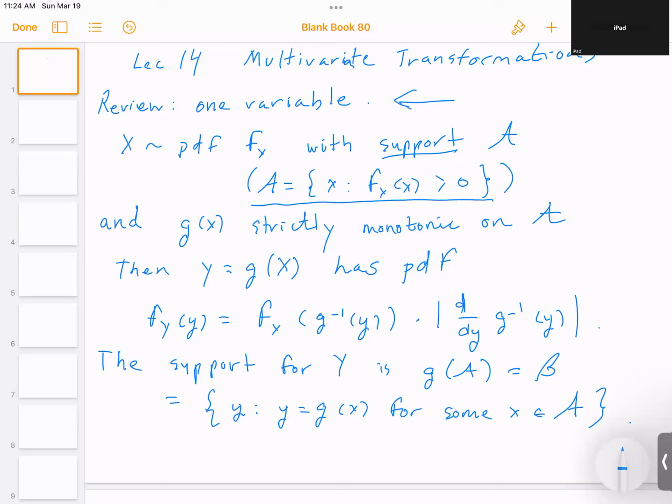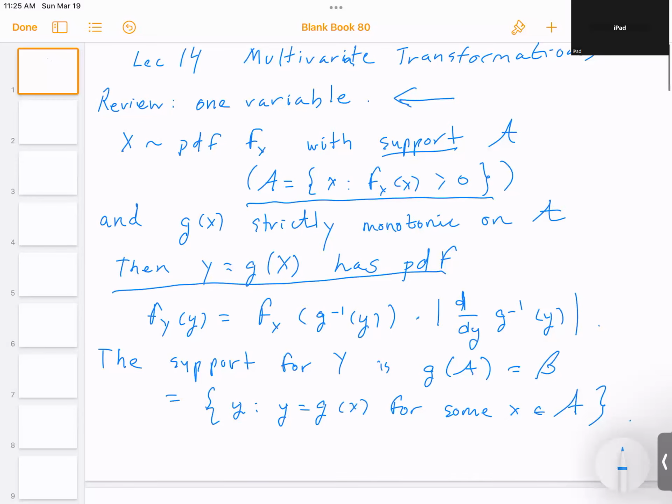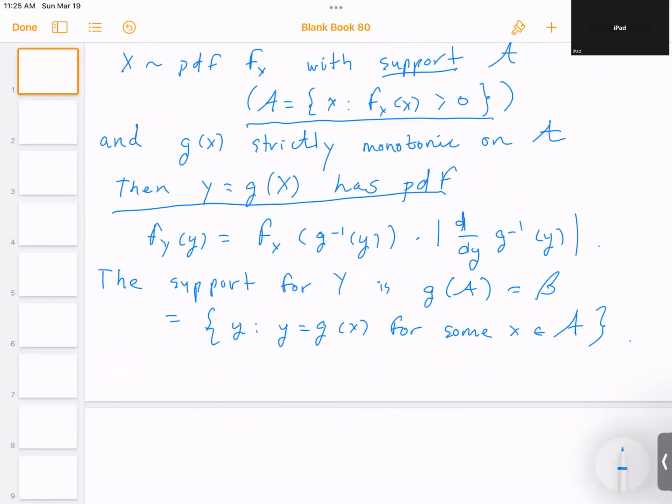Then say g of x is some strictly increasing or decreasing function on A, and I assign Y to be the name for g of X. There are lots of examples of this. Then this is the PDF of Y. It's given by this formula.